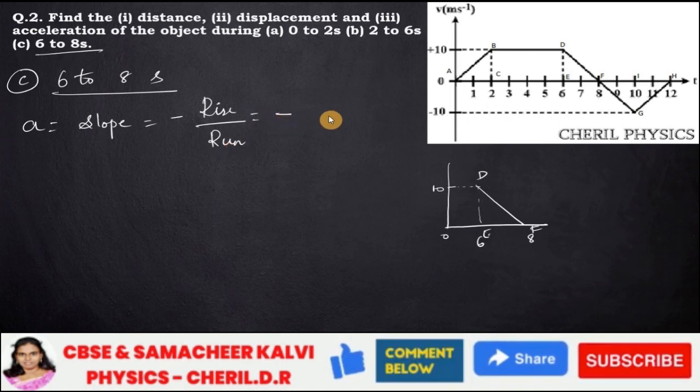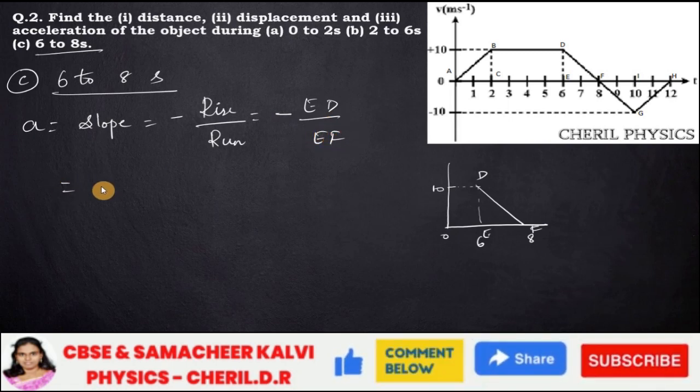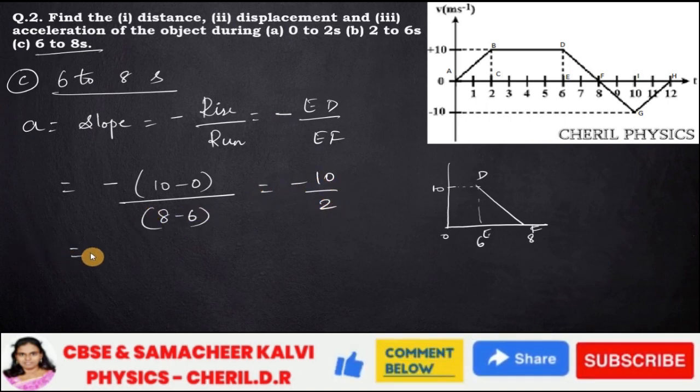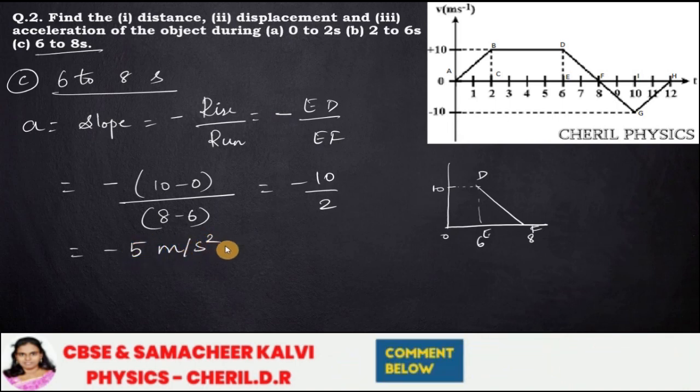Rise is ED by EF. So it is minus, what is ED? 10 minus 0, by EF which is 8 minus 6. So it will be minus 10 by 2, which is minus 5 meter per second square.